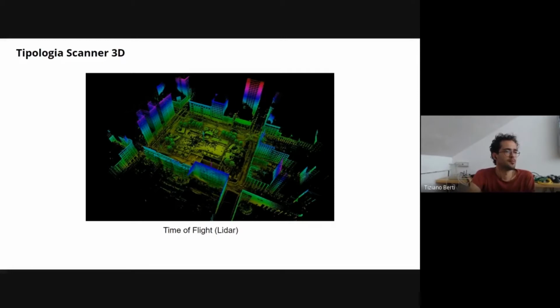This kind of scanner is usually used inside buildings, for example. You can place your camera on a tripod to get a scan of the room, then move it to another position and do another scan. Then later you have to align the different point clouds and put them together, and then make a mesh.